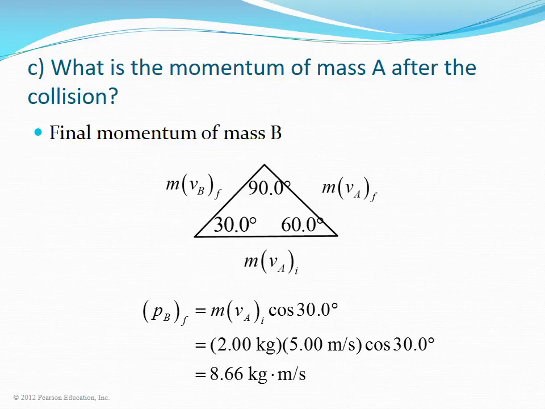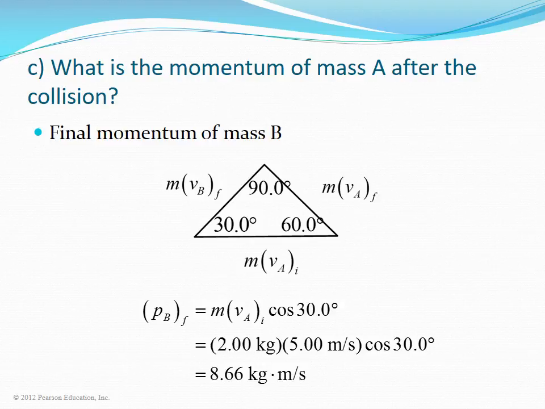The hypotenuse is the initial momentum of mass A. The final momentum of mass B is the adjacent side to the 30-degree angle. The final momentum of mass B is equal to the initial momentum of mass A, the hypotenuse, times the cosine of 30 degrees. The final momentum of mass B is 8.66 kilograms meters per second.